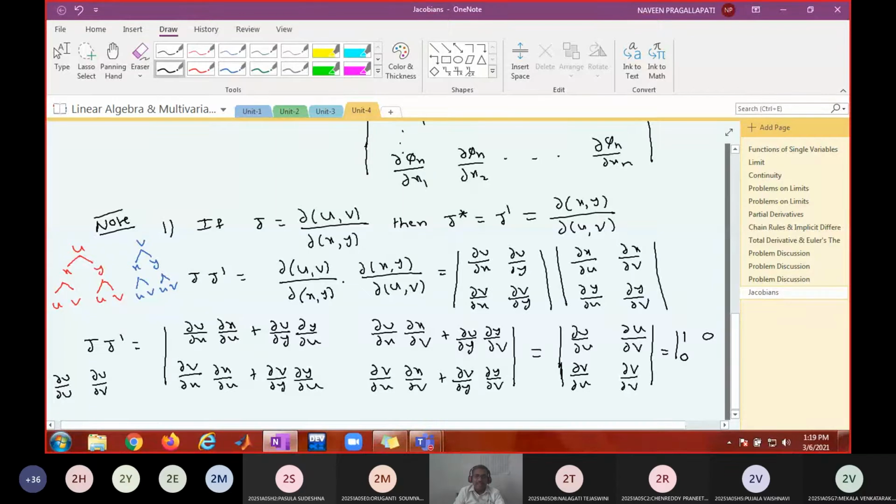The derivative of v with respect to v is 1. So what is the final answer? 1. That is what we wanted to show, no? That is what we were expecting. J dash is equal to 1. So write this as a note. J dash is equal to 1.